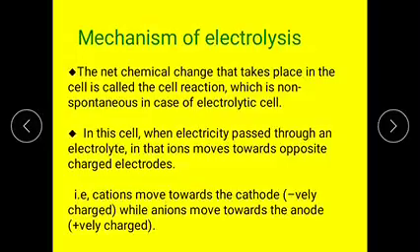In this cell, when electricity is passed through an electrolyte, the ions move towards oppositely charged electrodes.